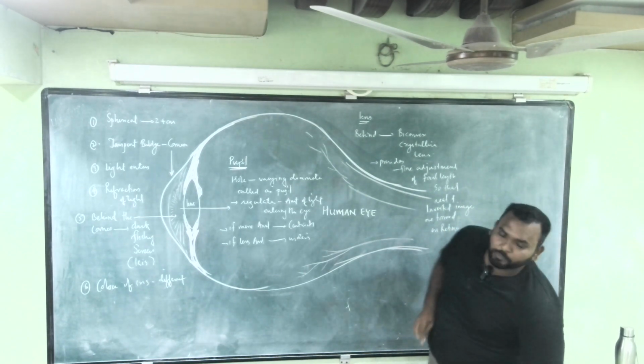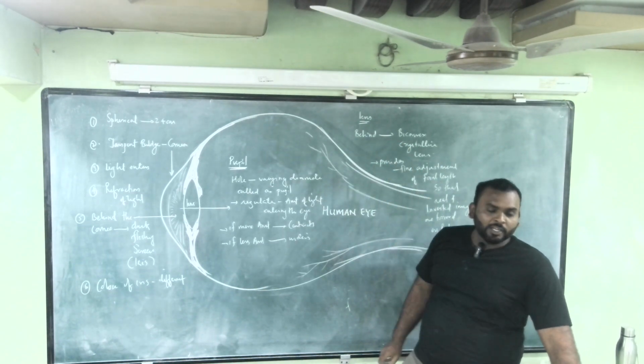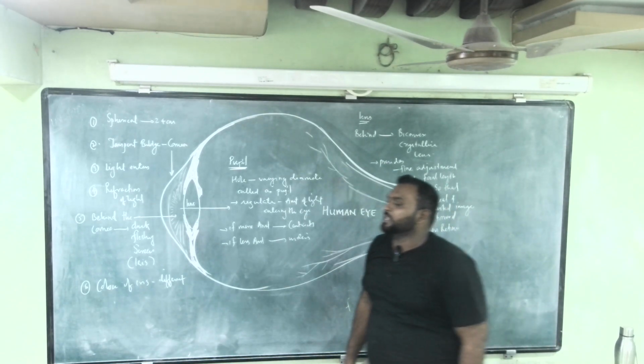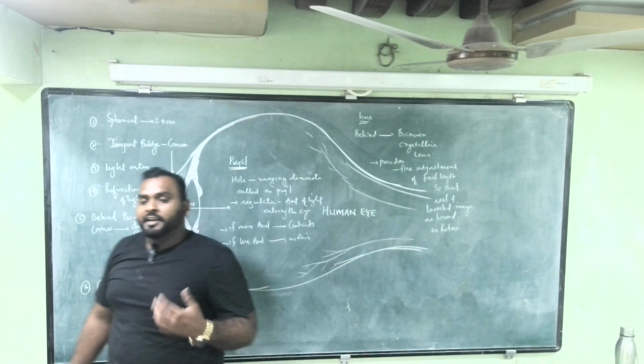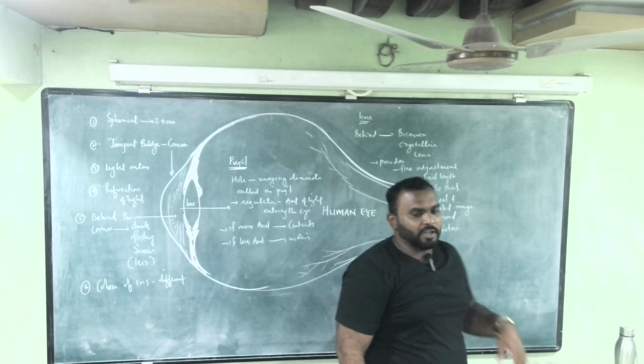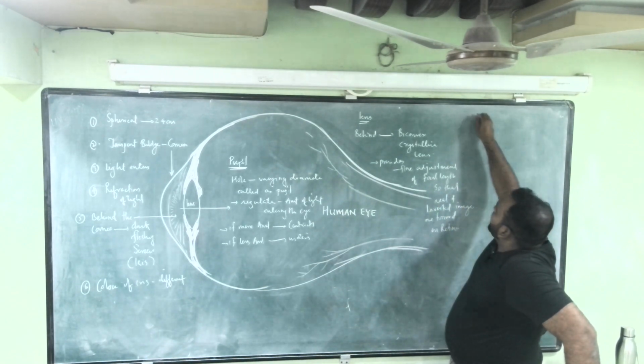So behind the pupil there is what? There is a biconvex crystalline lens. What the lens does? It provides fine adjustment of focal length. Got this much? Now we'll be learning about retina.